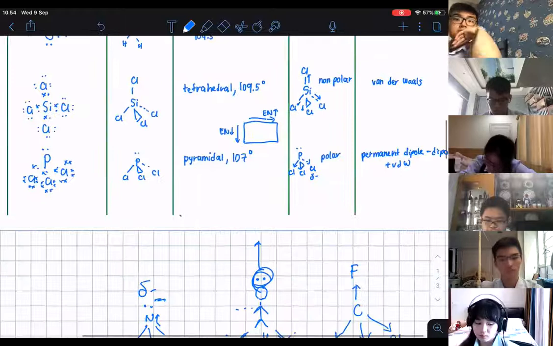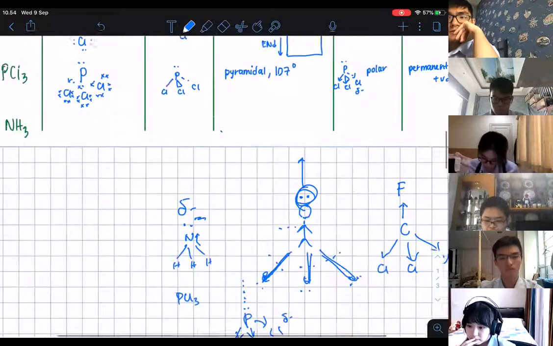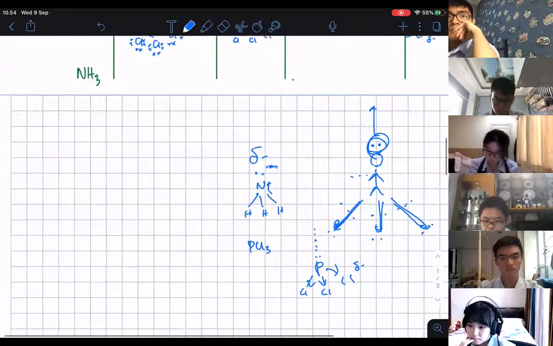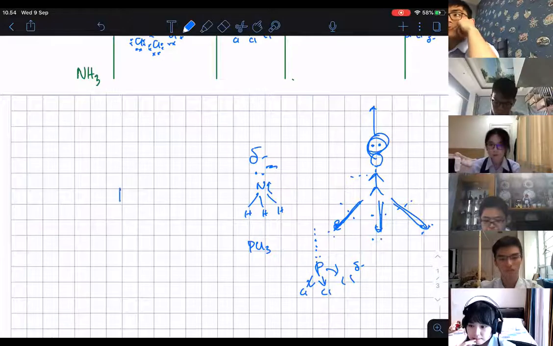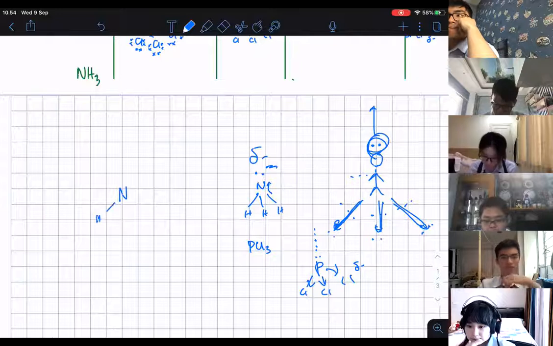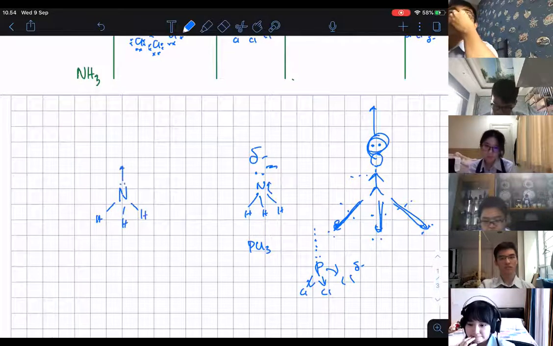Although the dative bond is strong, if you're talking about a dative bond, then it's going to be different. For example, in the ammonium ion, you have hydrogen, hydrogen, hydrogen, and this one shared to this hydrogen.